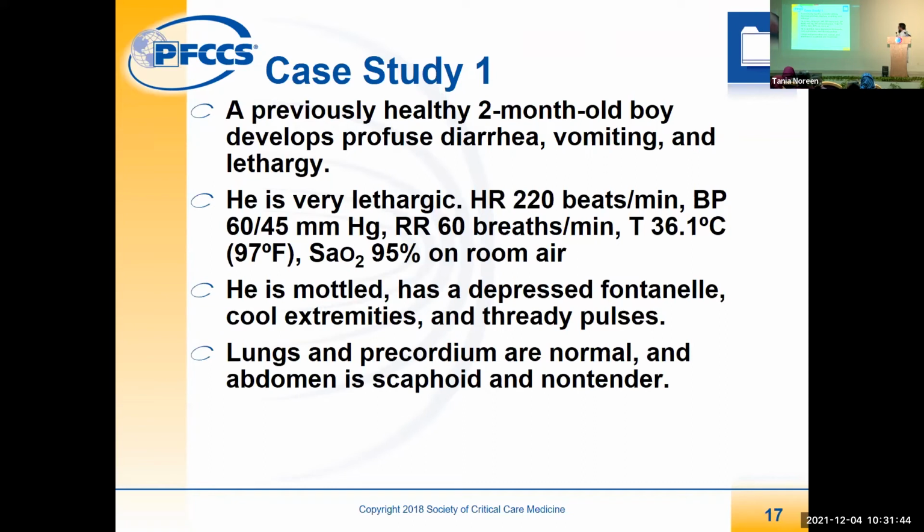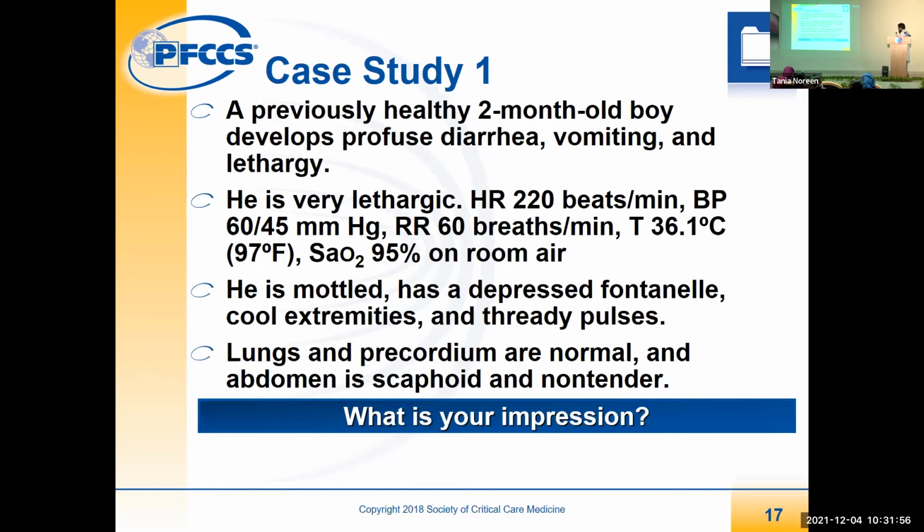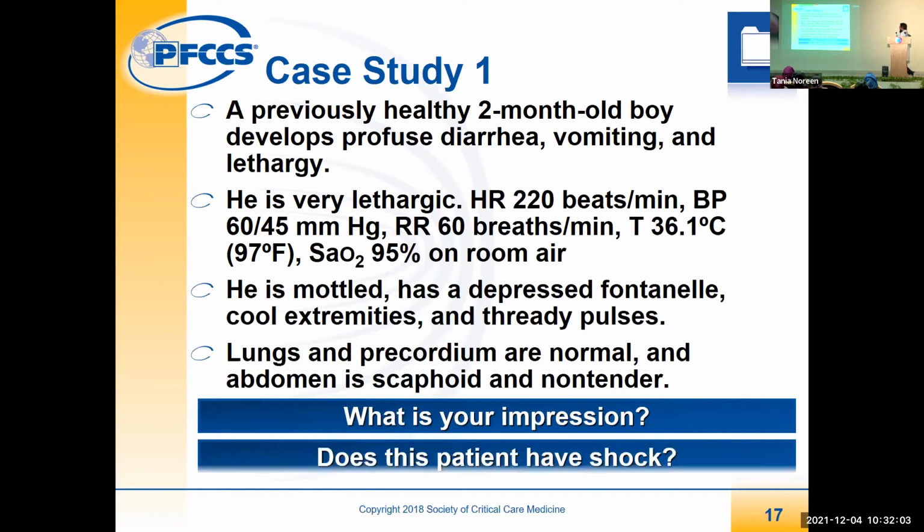Mottled, spontaneous activity depressed, cold extremities, weak pulses, chest is normal. So what is the impression? What sort of shock is he having? Hypovolemic shock.